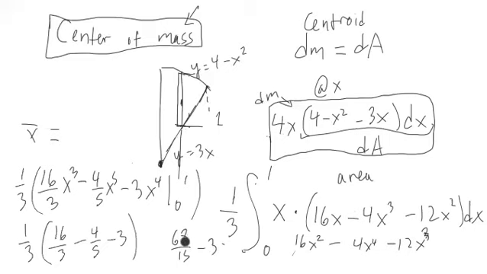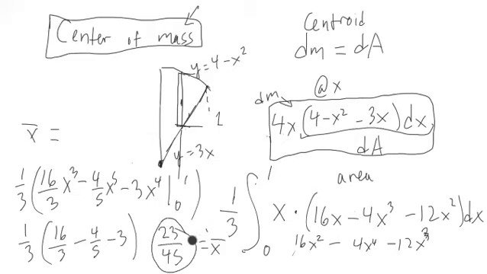So that would be 23 over 15, times 1/3, so 23 over 45. Okay, so 23 over 45 would be equal to x bar in this particular case. I'm just making sure that was right: 68 minus 45. Yeah, I'm pretty sure that's right.